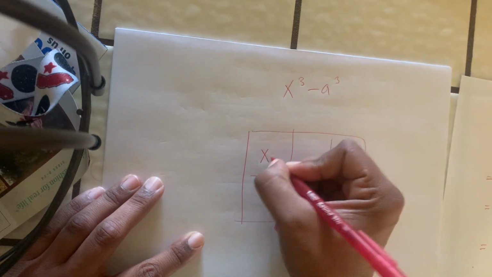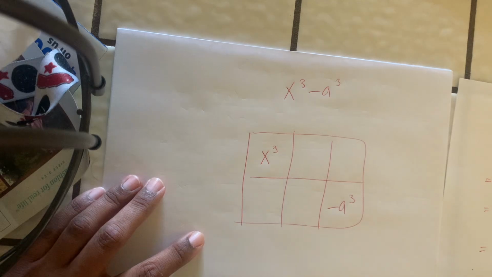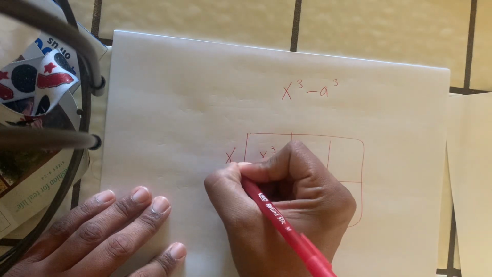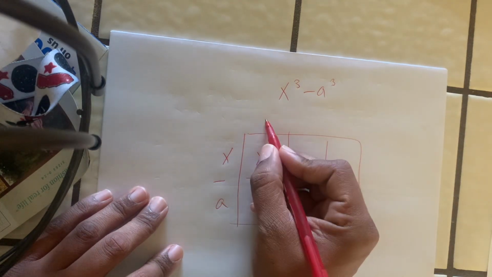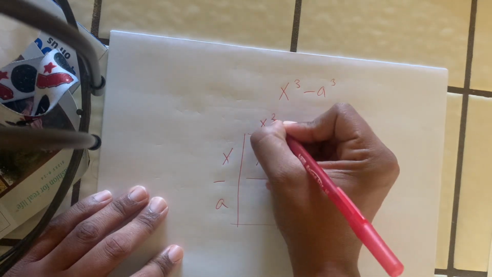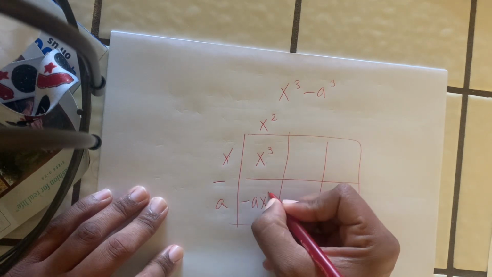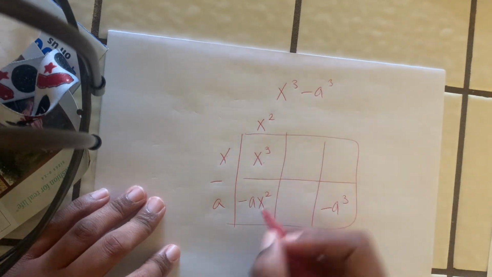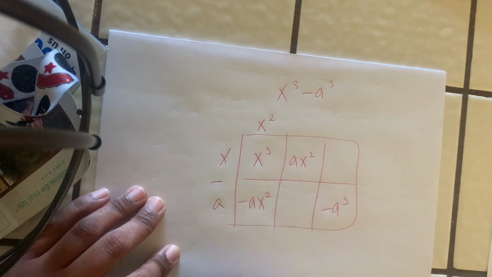The first box is our first term, and the last box is our last term. Now, if we look back at our problem, we recognize that we want to find a factor that is x minus a. So we're going to try that. So we know that x squared times x is x cubed. We know that x squared times a negative a is negative ax squared. We recognize that our expression here does not have any x squareds, so we're going to put ax squared here, so they'll cancel.